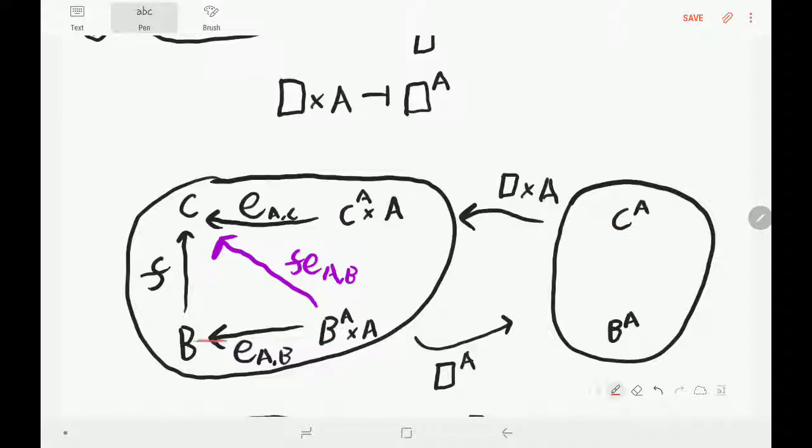And then we have all these black arrows here. And then if we just compose f after this E_A,B evaluation arrow, we get f after E_A,B.